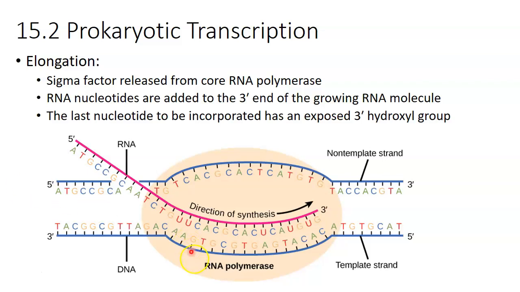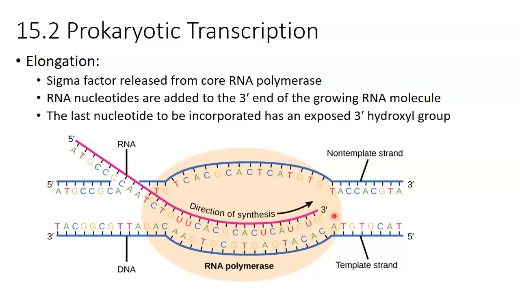If you look in this figure, RNA polymerase is shown in orange. It's unwound and unzipped our DNA. We have our template strand, which is the one that's going to be read, and we have our non-template strand, which is not going to be transcribed. RNA polymerase is going to lay down bases in the 5' to 3' direction, always adding to the 3' end of the growing strand.